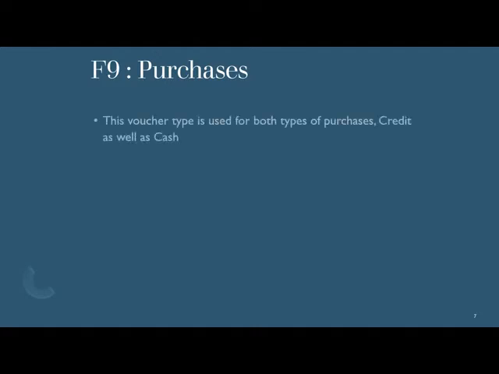This voucher type is used for both the types of purchases, credit as well as cash. If it is credit, it has to be recorded only in purchase voucher. If it is in the form of cash, it can also be recorded in payment voucher.